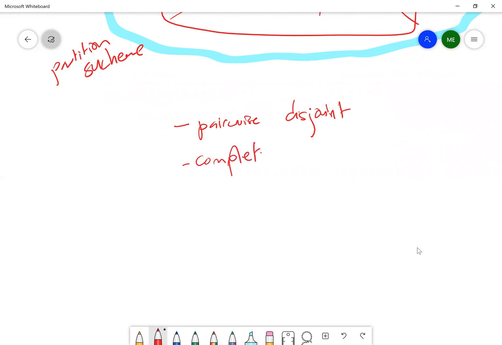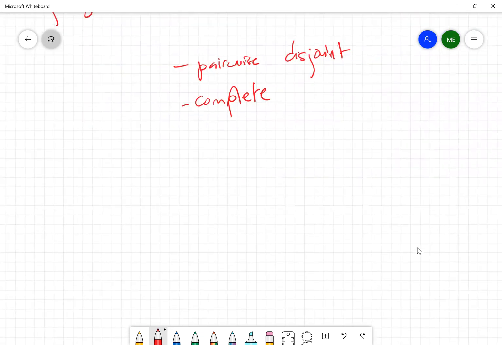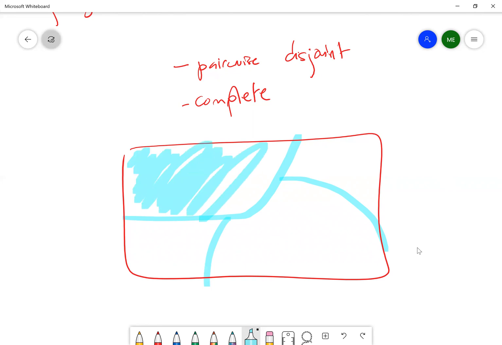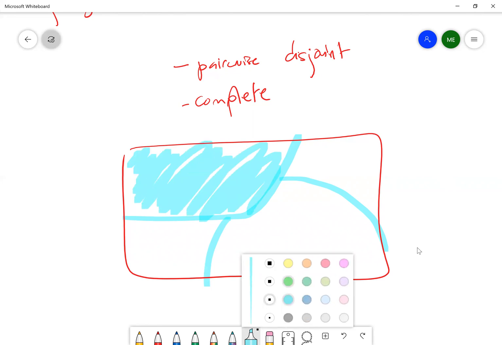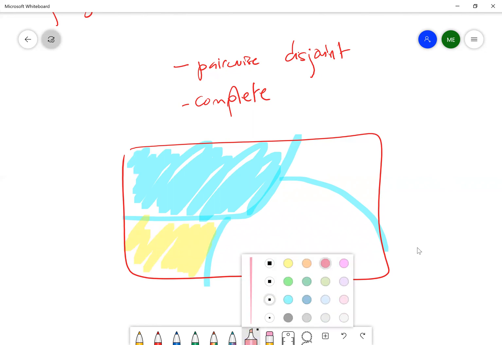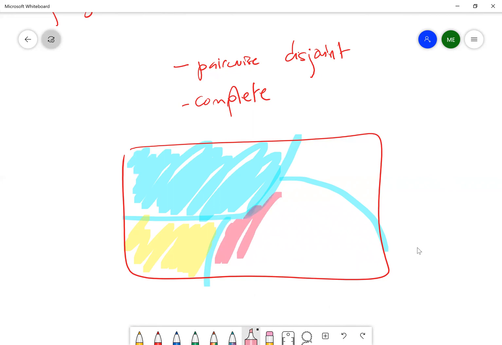Now, what this means is, assuming I have my domain as such, I decided to come up with a partition scheme as follows. This is one area, this is another area, this is the third area. So first area is as such, second area is as such, third area is as such, and so on.